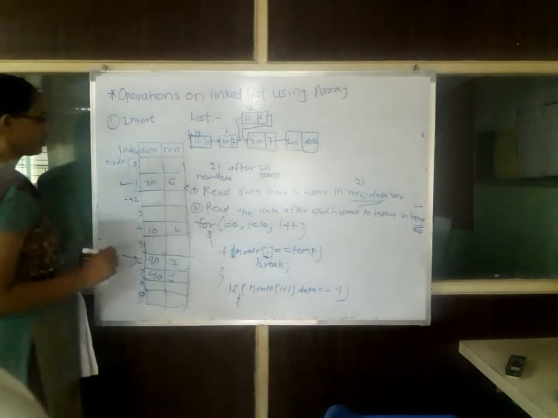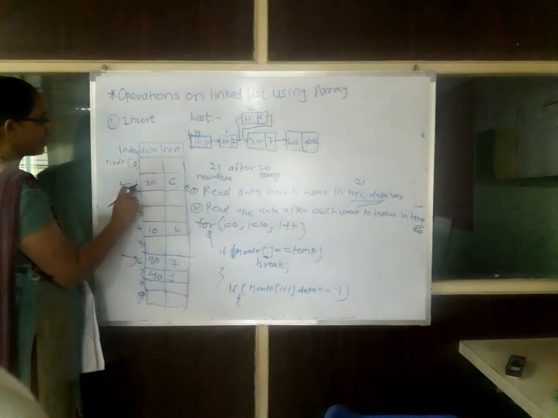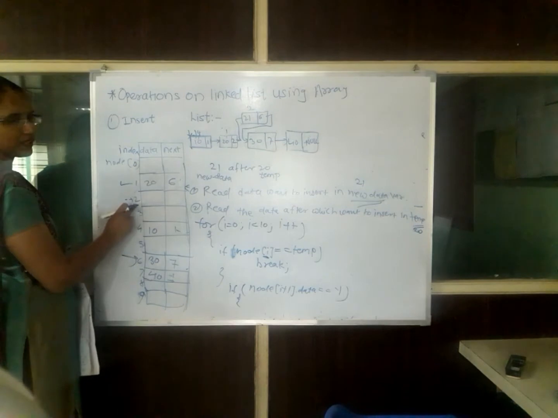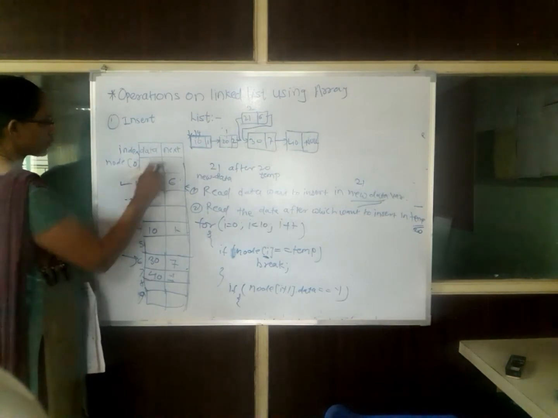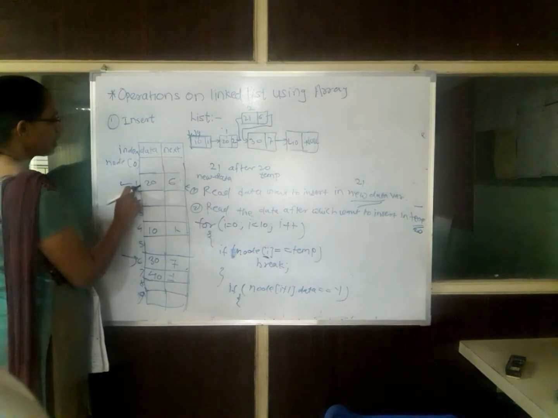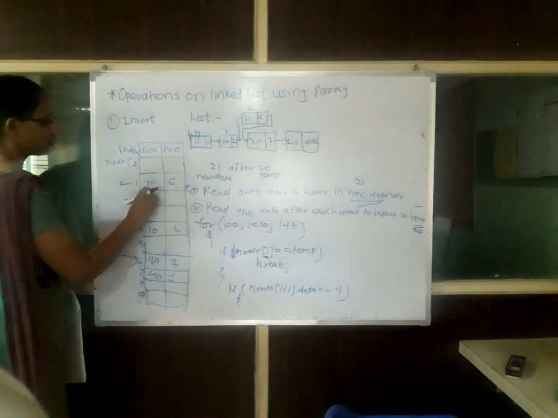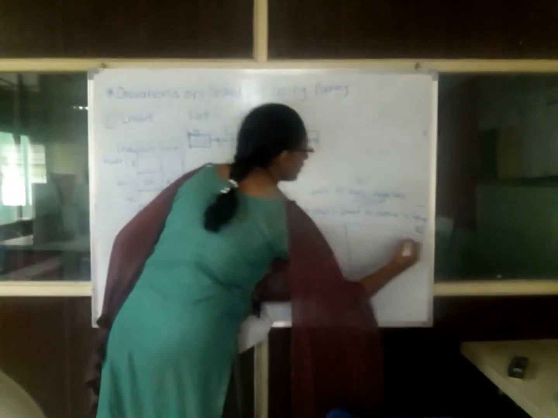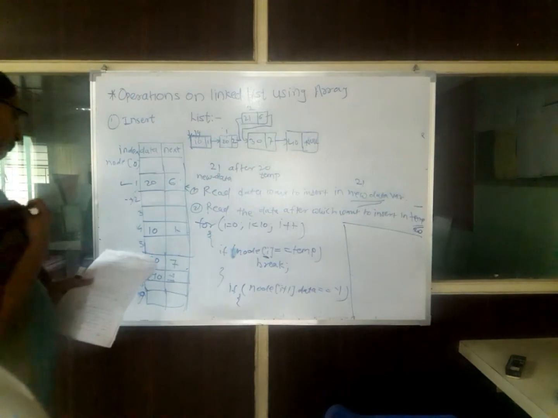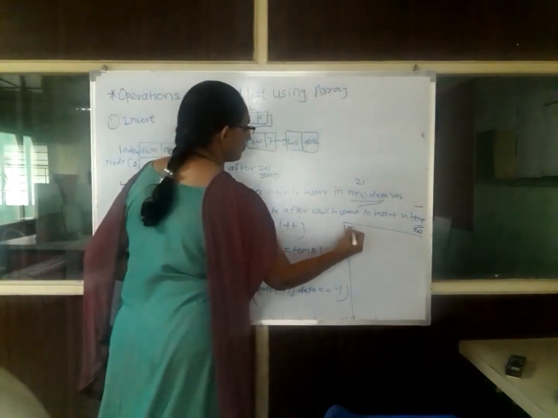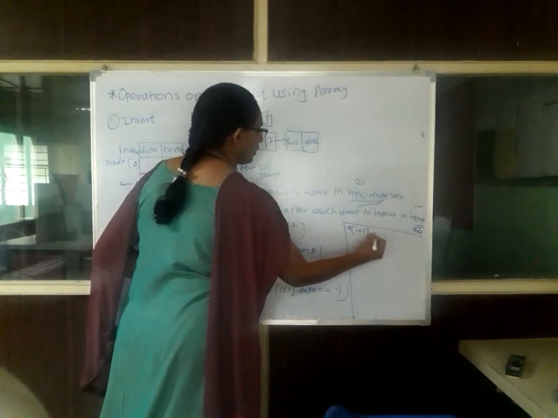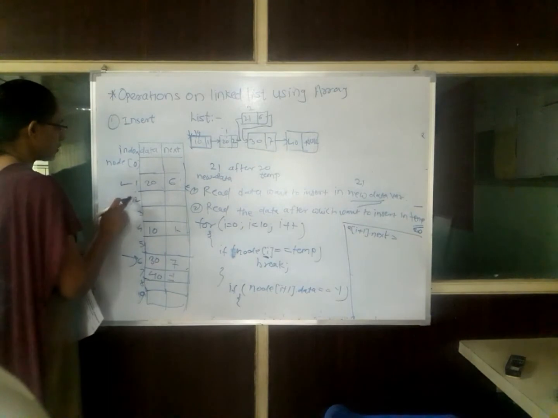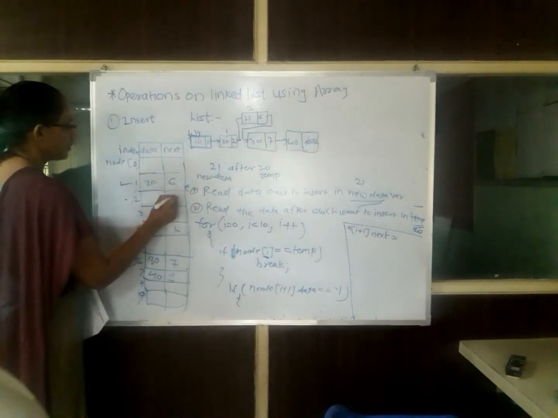Here, before 6, this i next is equal to this i plus 1, then i plus 1 next is equal to i next, and then put the required data. So how to do this? i plus 1 dot next is equal to, i means 1, 1 plus 1, 2. 2 next is equal to what?